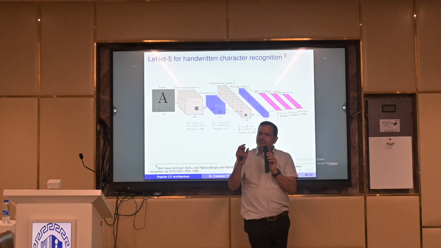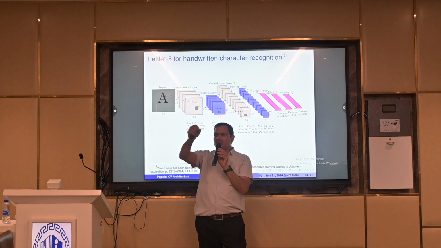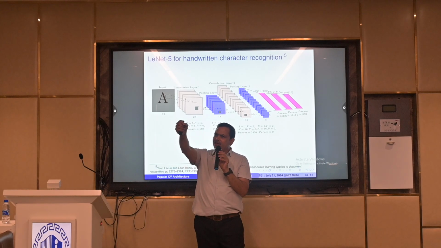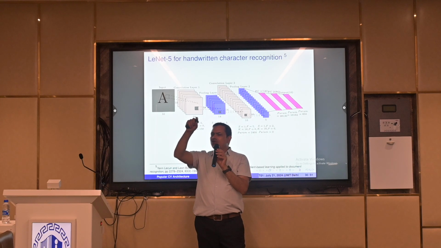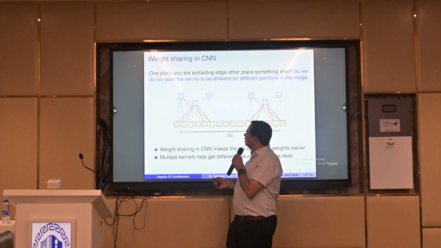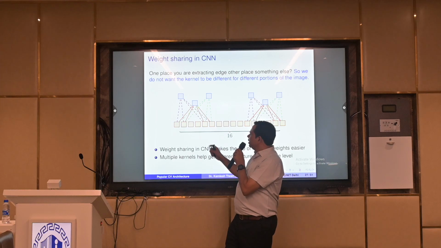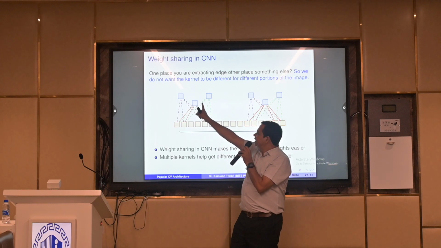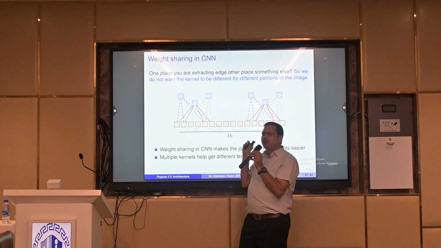Weights mean the strength or values. So there are no separate weight values on the connections. That is the value. Let me go to the previous one. Try to understand this. This is a neuron. This neuron is not connected to everybody.